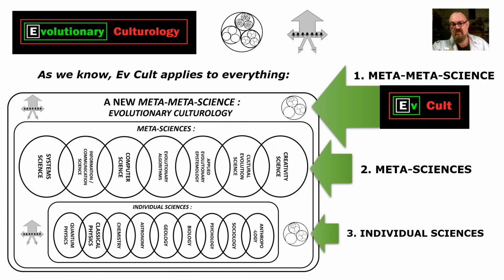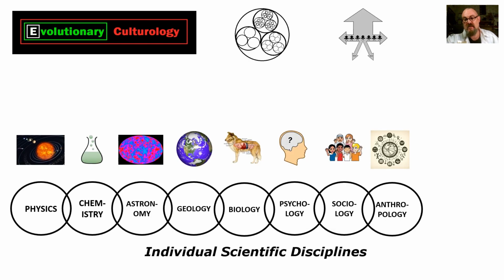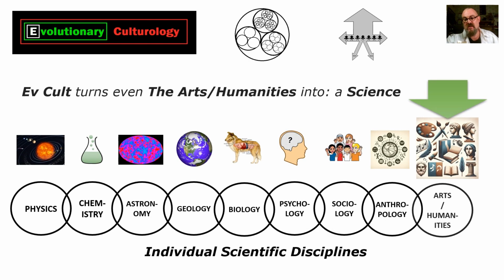We've learned how EvCult applies to everything, because it's not just an individual science or a meta-science, but it's one level above those, which is a meta-meta-science. And EvCult turns even the arts and humanities into a science, or a meta-meta-science, using the same set of units for everything, namely fractal holon partons.